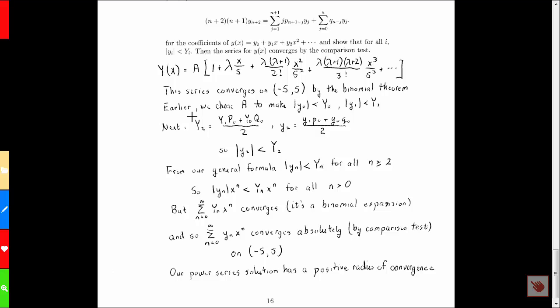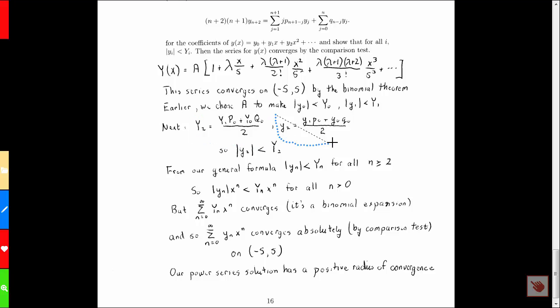Now let's look at capital Y2. If you understand this case, you understand the whole argument. We have an explicit formula for capital Y2 in terms of capital Y for 0 and 1, and capital P0 and capital Q0.